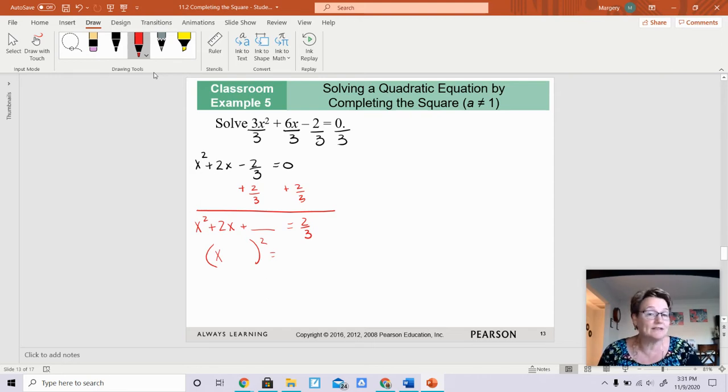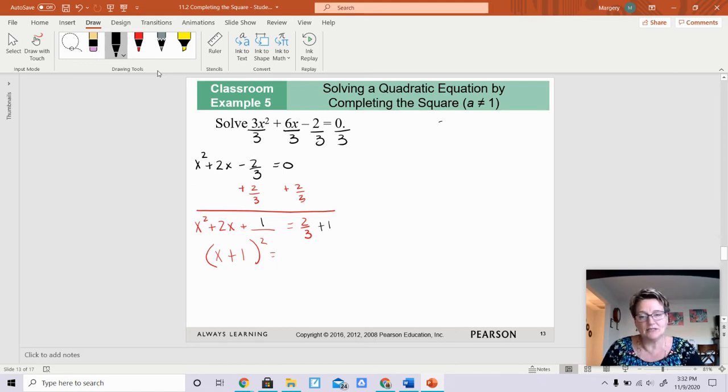When you square root x squared, it's just x. Now you look at your b value. Your b value is 2. 2 divided by 2 is 1, so 1 goes here. Now you take that 1 and you square it, and that goes here then. 1 times 1 is 1. If you add 1 here, you must add 1 here.